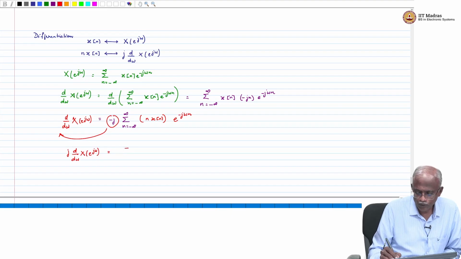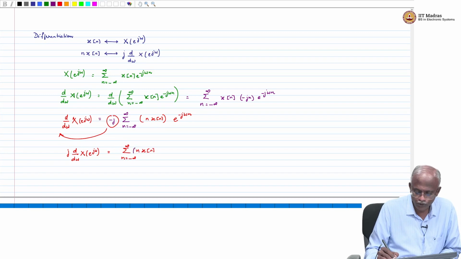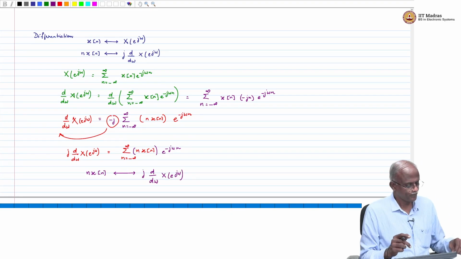This is equal to summation n equal to minus infinity to infinity n times x of n, think of this as the new sequence, e power minus j omega n. So in other words, n times x of n, this sequence has got a discrete time Fourier transform that is given by j times d by d omega of X e of j omega.